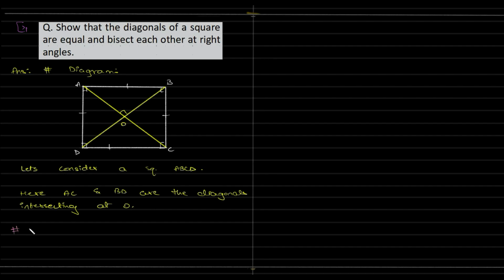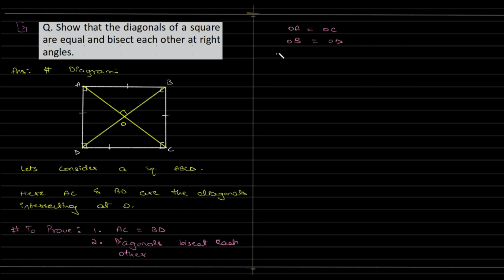Okay, so what do we need to prove? There are quite a few things that we need to prove. First one being, show that the diagonals of the square are equal. That is, AC is equal to BD. Second thing is, they bisect each other. So indirectly, what we need to prove is that OA is equal to OC and OB is equal to OD.